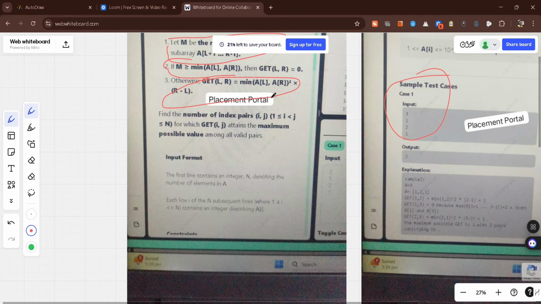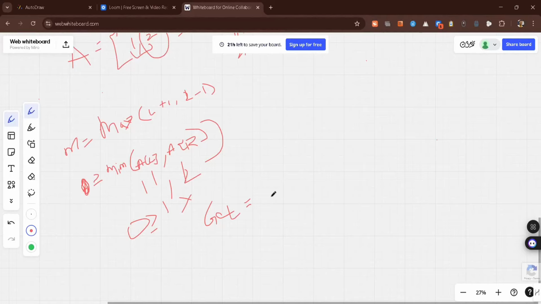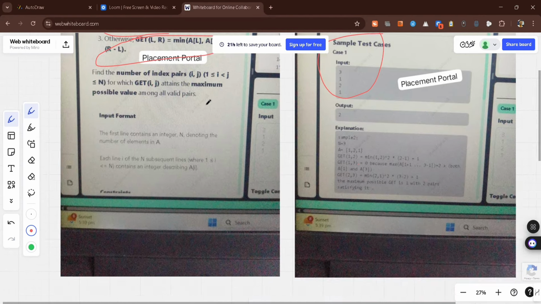Get is equal to min of A of L comma A of R, squared, into R minus L. The formula they have given here is R minus L.